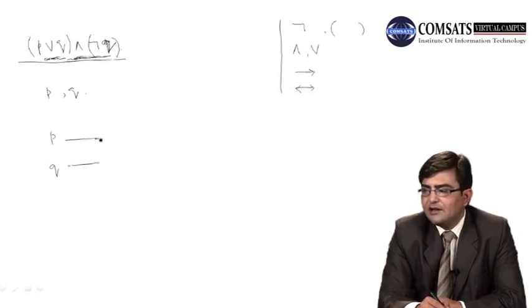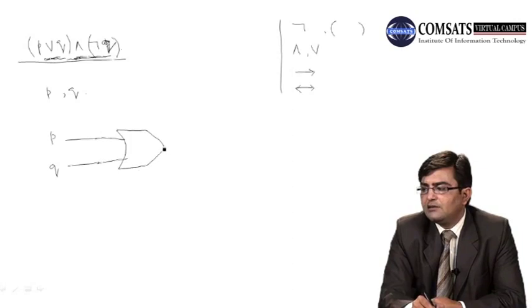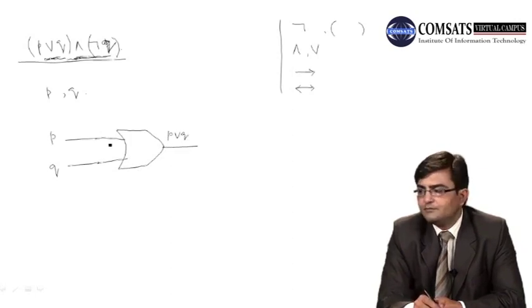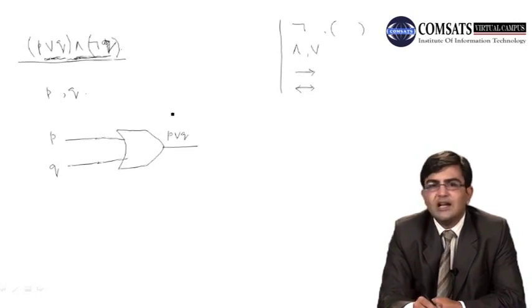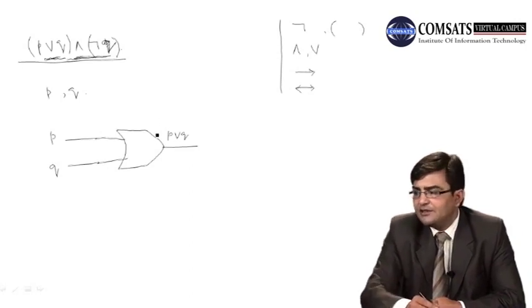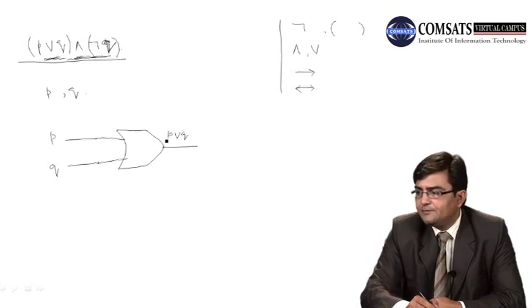We construct here an OR logic gate like this. The OR logic gate has this form. So this represents P or Q. Here we can write P or Q, or we can write P plus Q, as we have seen in the notation in the previous slide.